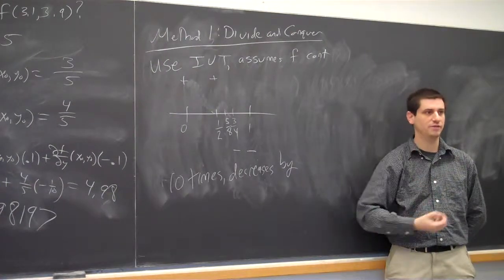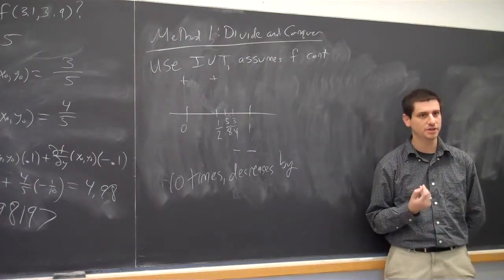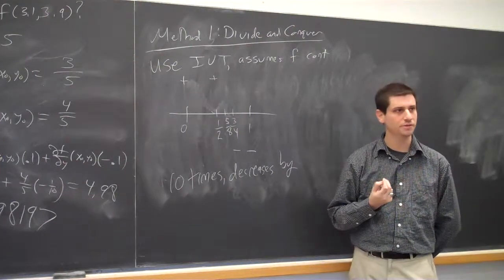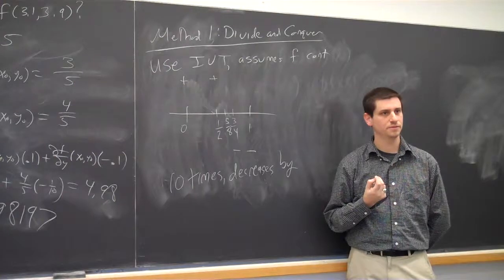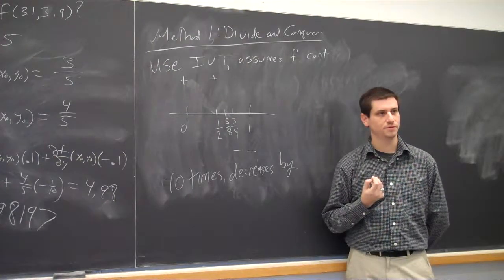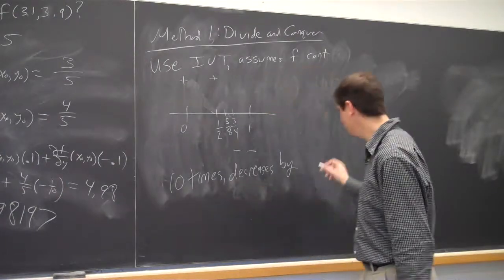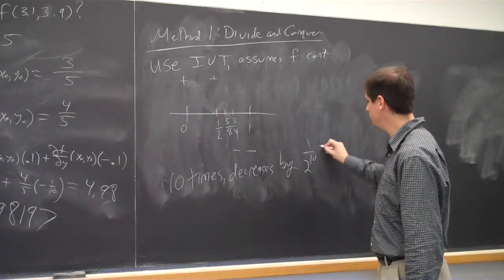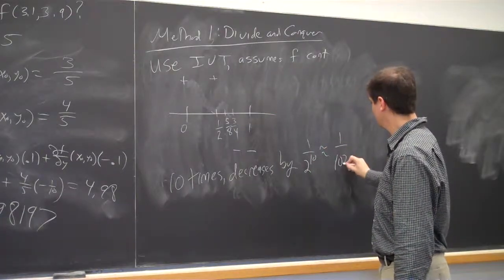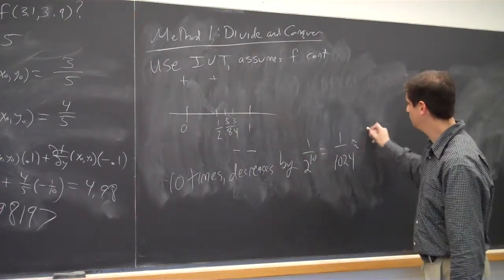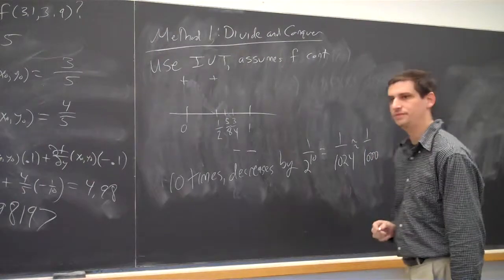So each time I have a factor of 1/2, I do it 10 times. What should it be? You can tell me in terms of just 2. 1/2 to the 10th. And 1/2 to the 10th is actually 1/1024, so that's exact, but that's approximately 1/1000.